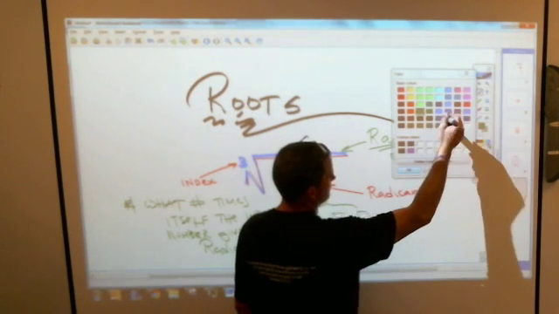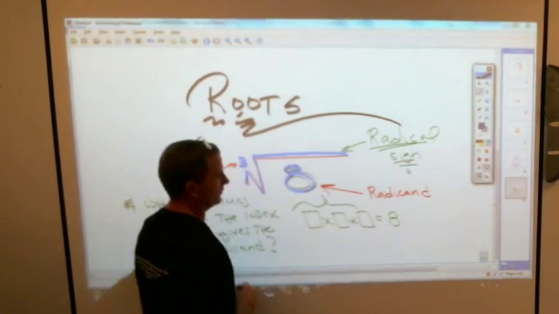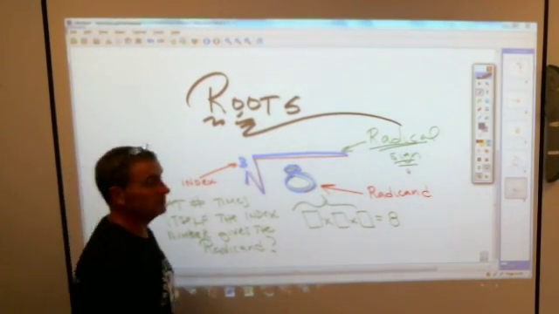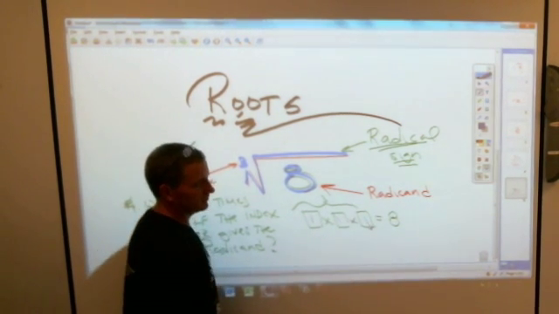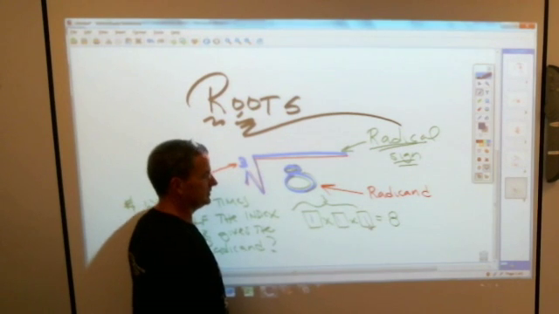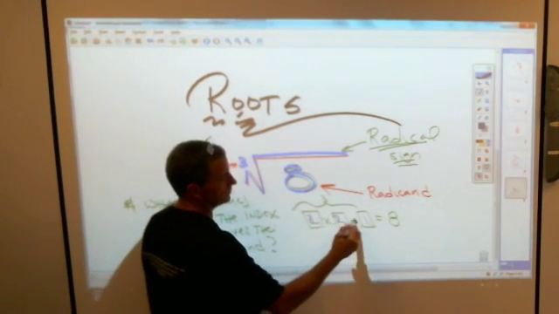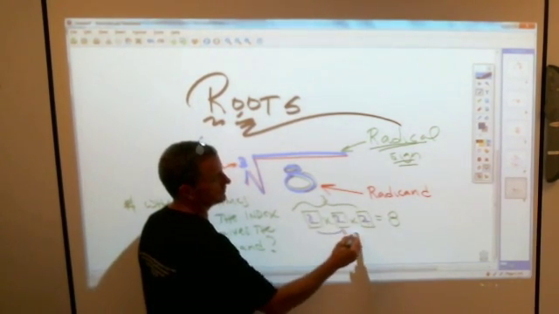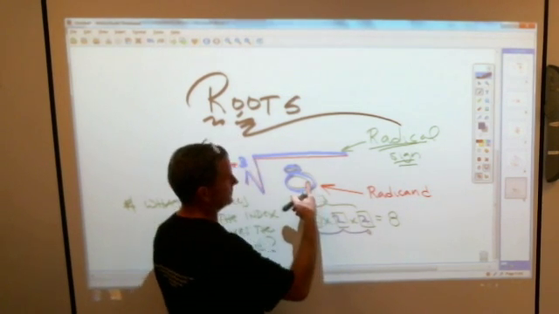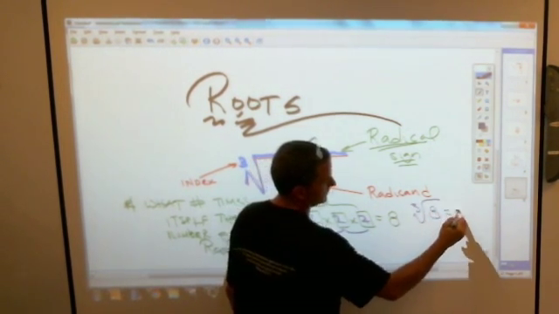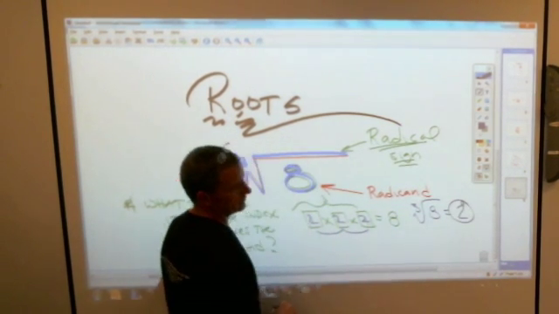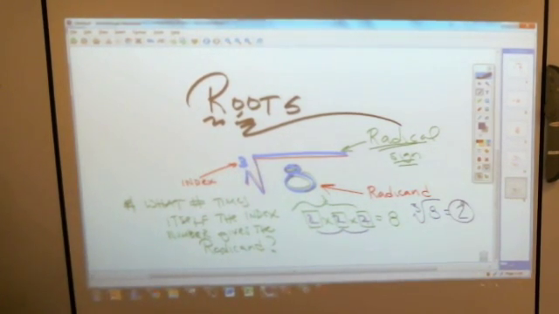So it's a little harder than 7th grade. So really you try. So you put a 1 in there. 1 times 1 times 1 is 1, that's not going to work. 2 times 2 times 2, 2 times 2 is 4, times 2 is 8. So the answer to this, the cube root of 8 is 2. Simply put, it is just 2. Cube root of 8 is 2.